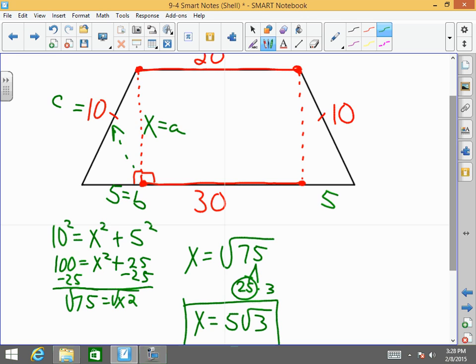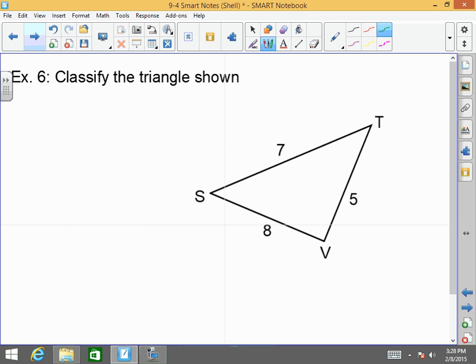And last but not least, I give you this triangle here and I say classify the triangles shown. Well, it's either going to be a right triangle if C squared equals A squared plus B squared, or an acute triangle if C squared is less than A squared plus B squared, or an obtuse triangle if C squared is greater than A squared plus B squared.